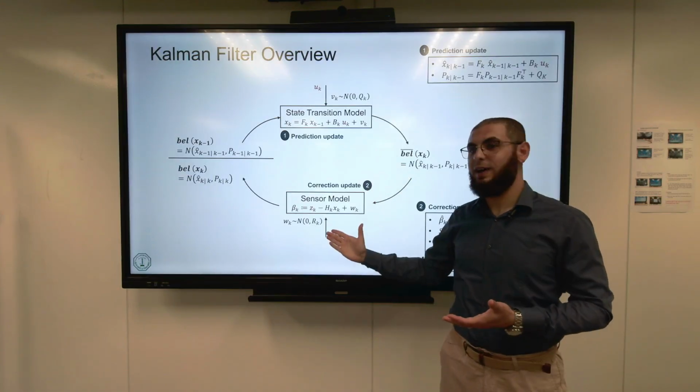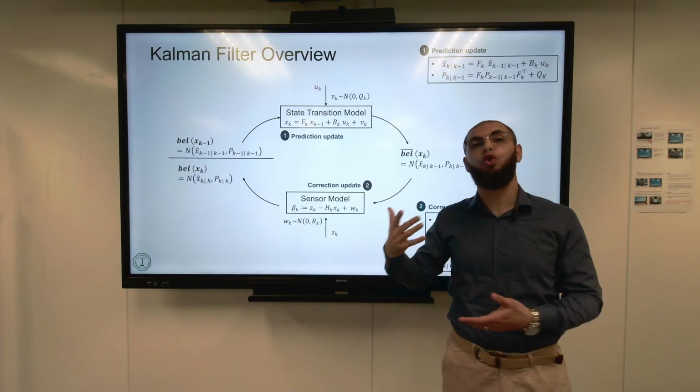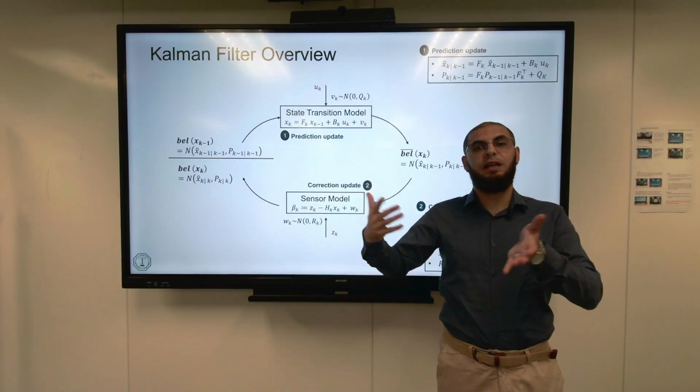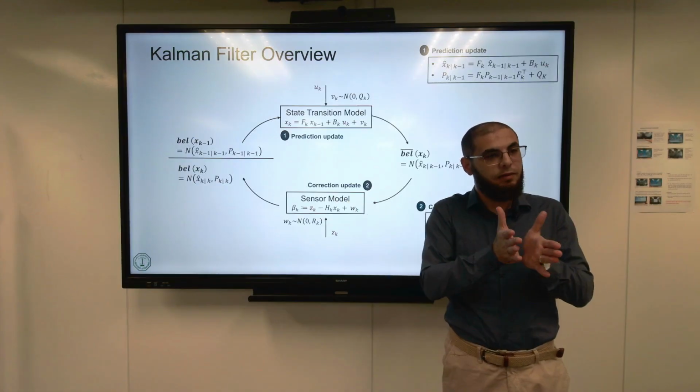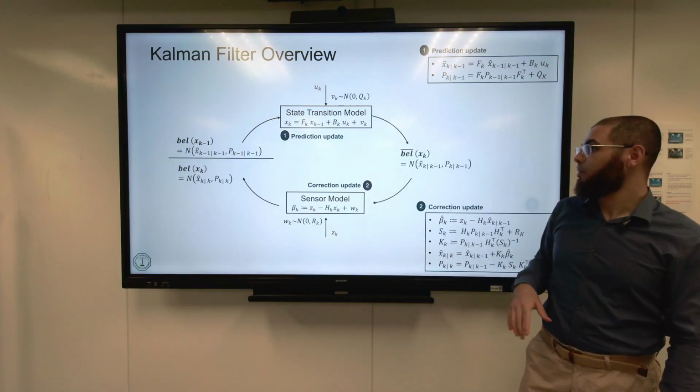Usually these are covariance matrices, which tell the algorithm how noisy this information is. If something is very noisy, it means it's uncertain. If something has less noise, it means you are very certain about this measurement.